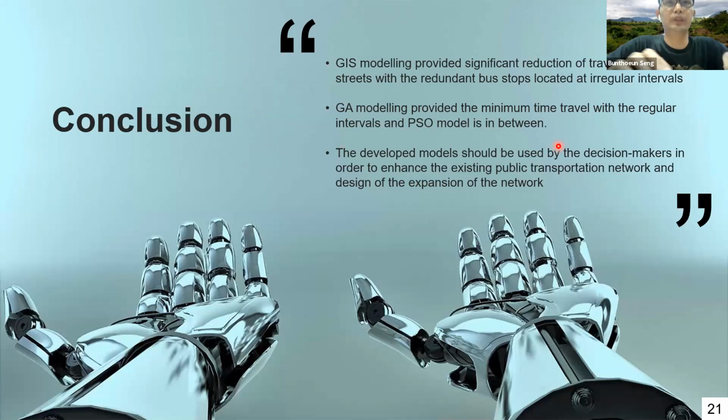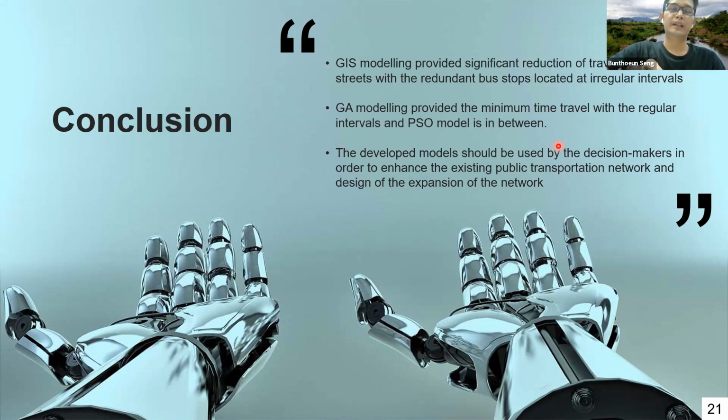And here we come to the conclusion. GS model can provide a significant reduction of travel for the street with redundant bus stops located at irregular interval, where GA model provides the minimum time travel with the regular interval, and PSO is the model that is in between.